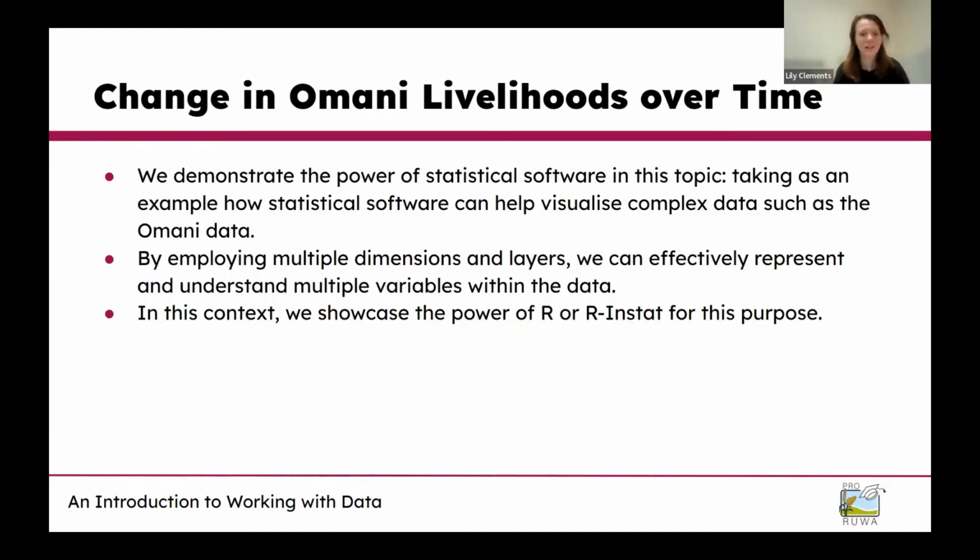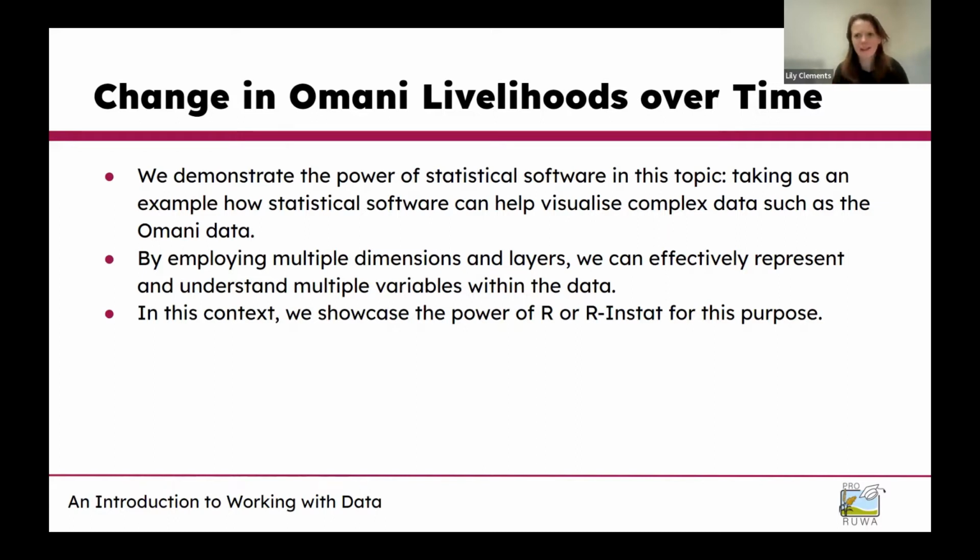We demonstrate the power of statistical software in this topic, taking as an example how statistical software can help visualize complex data, such as the Omani data. By employing multiple dimensions and layers, we can effectively represent and understand multiple variables within the data. In this context, we showcase the power of R or RInStat for this purpose.